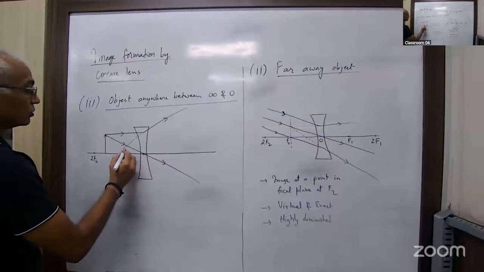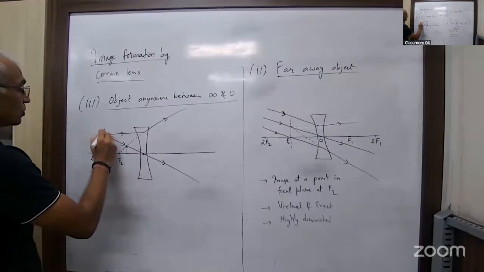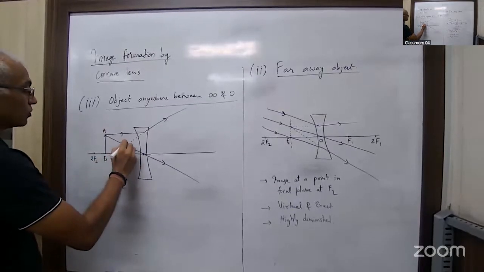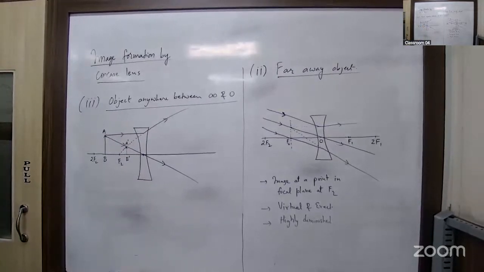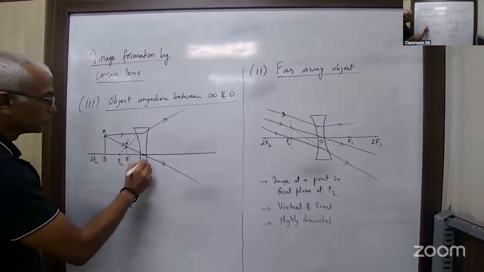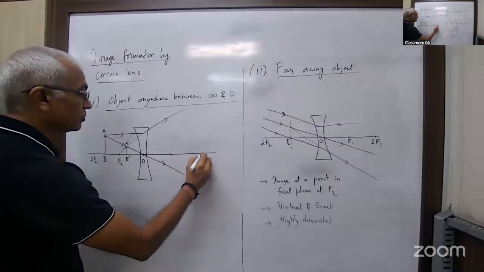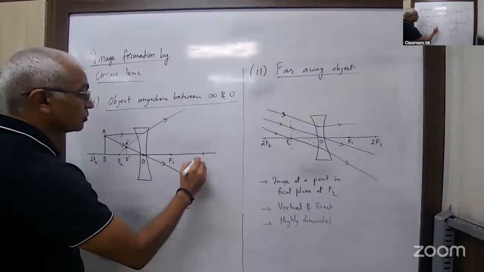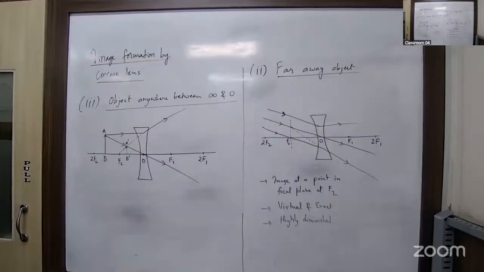Okay, so where is the image forming? Between F2 and O. That always will be the case. F1 and... okay, so what is the image position?